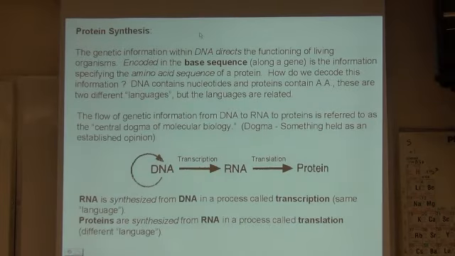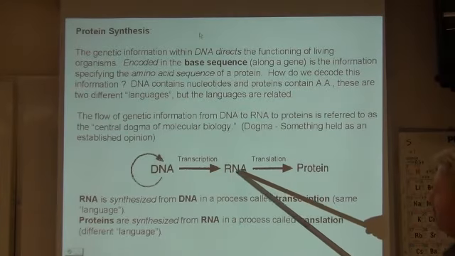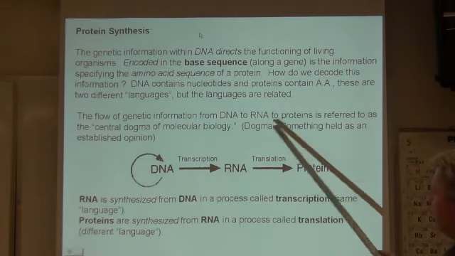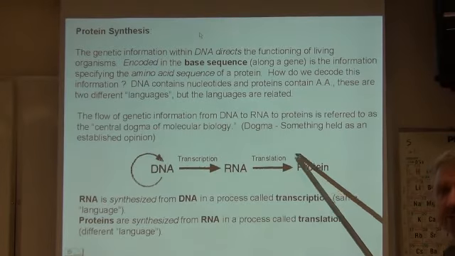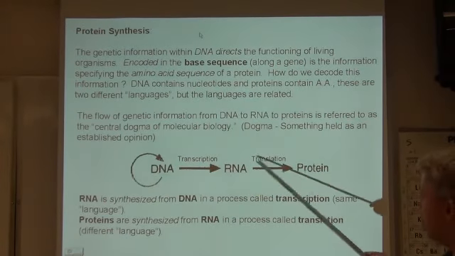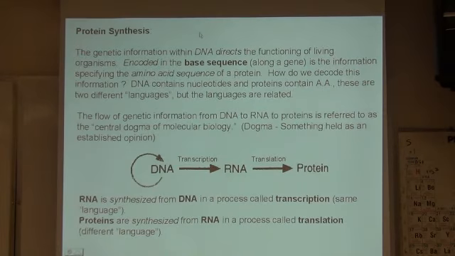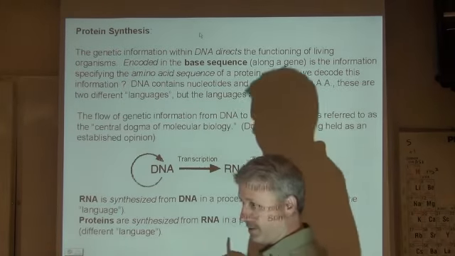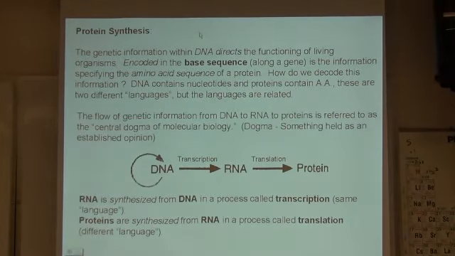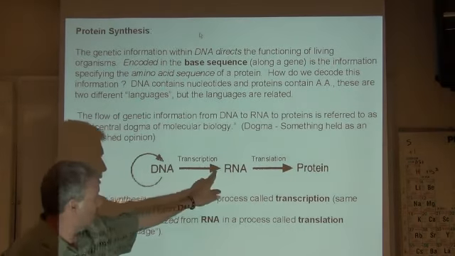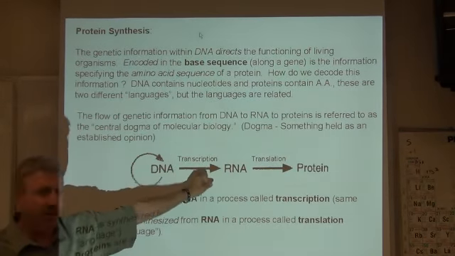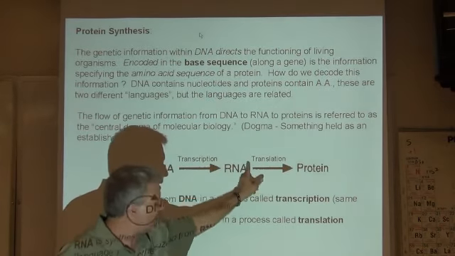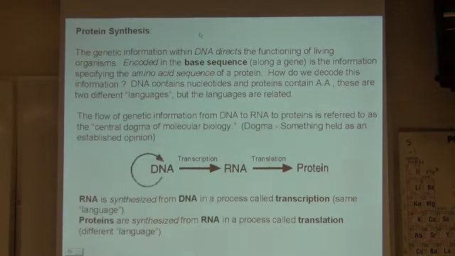Okay, we basically copy. When we go from RNA, which is in nucleotides, into proteins, which is amino acids, this would be a different language, so we translate. Okay, so DNA is transcribed into RNA, RNA is translated into proteins. And a good way to remember that is just how I said it. These are both nucleotides, so they're scribed, transcribed. This is nucleotide, amino acid, translation. Different languages.